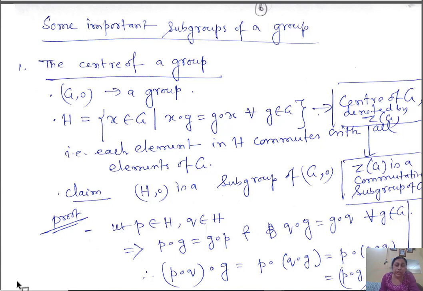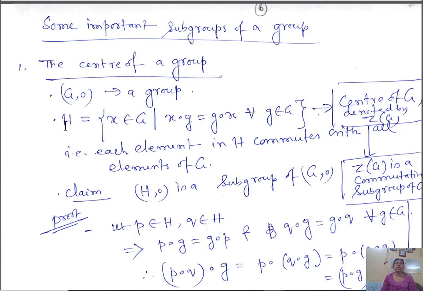Okay, so this is a capital H. Each element in capital H commutes with all elements in capital G. For all small g belongs to capital G, x commutes with the small g.